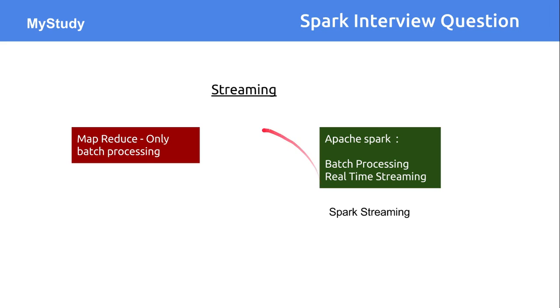If we want real-time streaming alongside MapReduce, one needs to use Apache Storm. So Apache Spark gives one more advantage: with the Spark Streaming module, we can use real-time streaming directly inside Apache Spark. That is one of the big advantages over MapReduce.